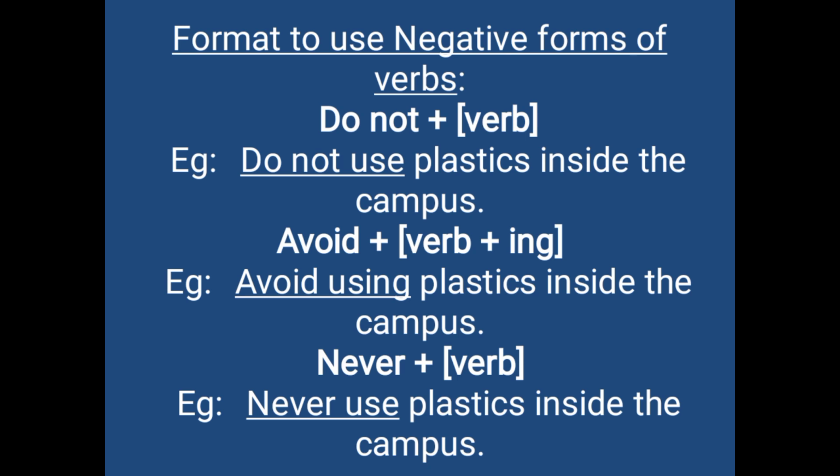But avoid is always followed by the ing form of the verb. Avoid using. But never is followed by the action verb only. So never use plastics inside the campus. Never use drugs inside the campus. So this is the negative format of giving instructions.